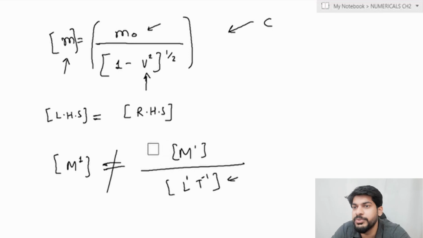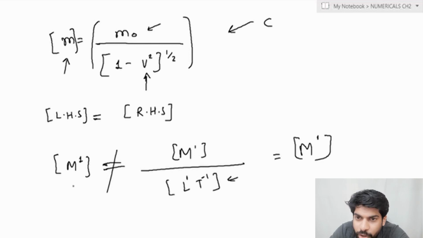So we have to do something to make it a dimensionally correct equation. You can see there is a mass here and a mass here, so these dimensions are correct. If you want to make this equation dimensionally correct, you have to make the dimensions on the RHS equal to m raised to 1 only, because on the LHS we have m raised to 1.